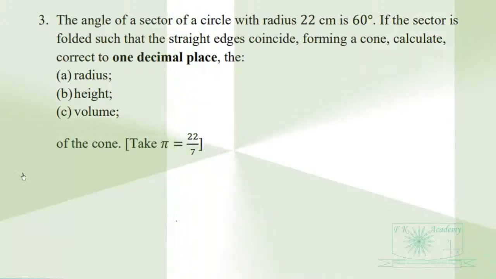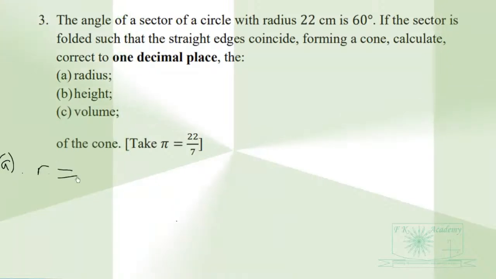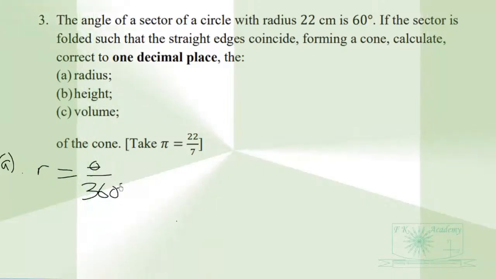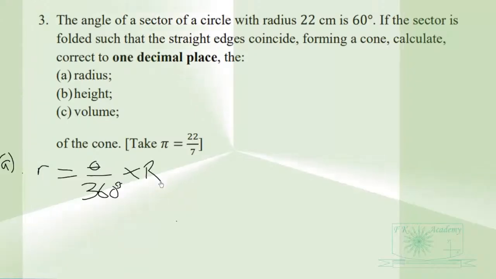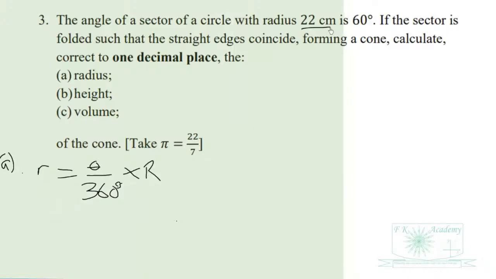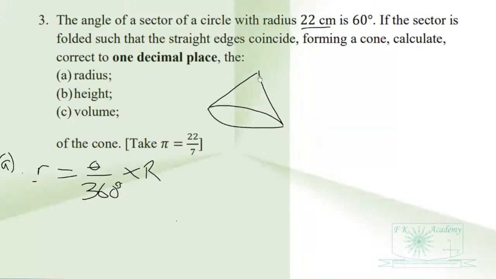So let's begin finding the radius. The radius of the cone, r, is given by the formula theta over 360 degrees times big R. Remember this formula, please. Big R here stands for the radius of the sector, and this small r stands for the base radius of the cone.